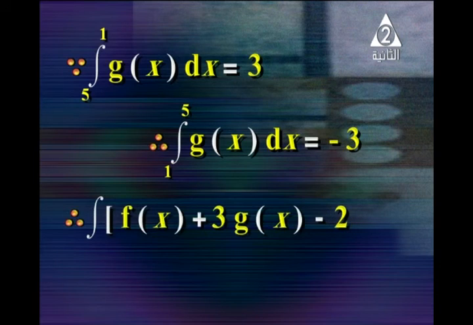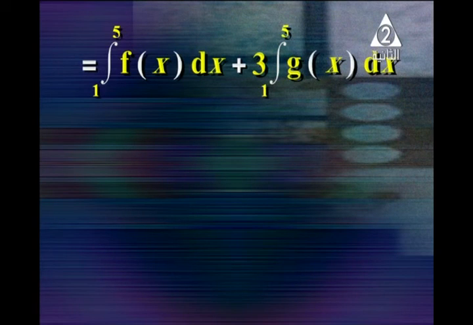Also, by substitution, the integration of f of x plus 3 g of x minus 2 dx from 1 to 5 equals what? By distributing the integration over the sum of the three functions: the integration from 1 to 5 of f of x dx, plus 3 times the integration from 1 to 5 of g of x dx, minus the integration from 1 to 5 of 2 dx.